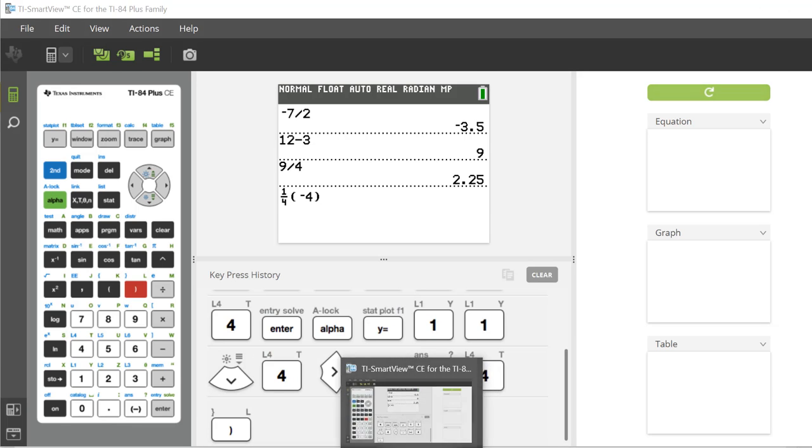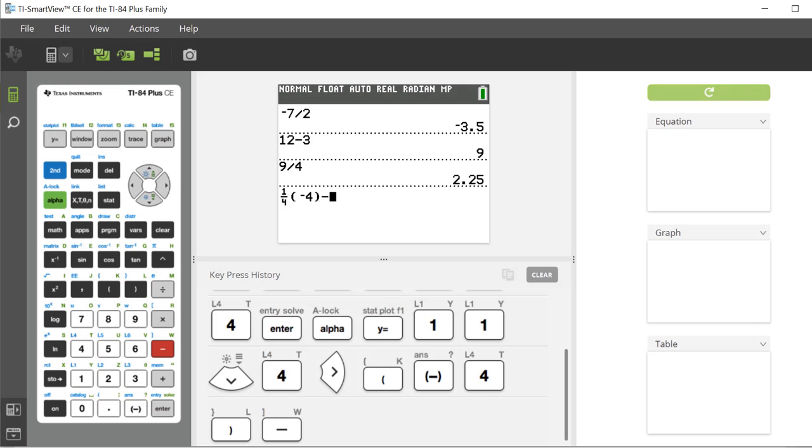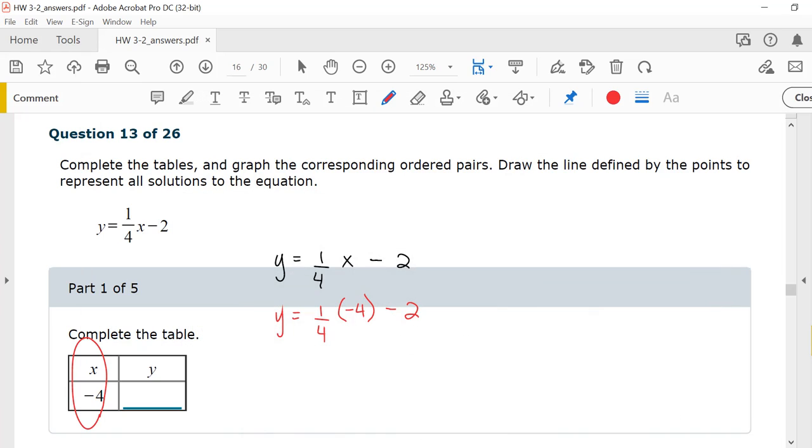And was it minus 2? Yeah, minus 2. Gives me -3. So y equals -3. The point is -4 comma -3.